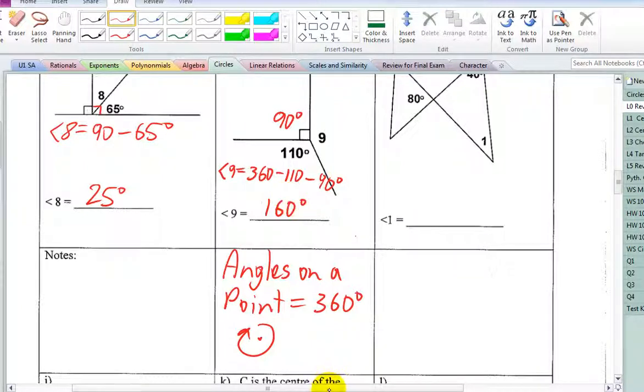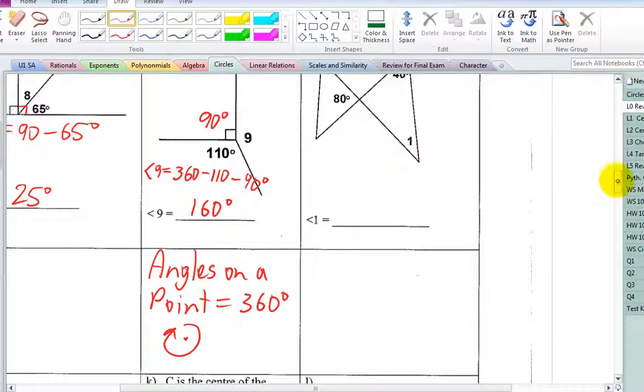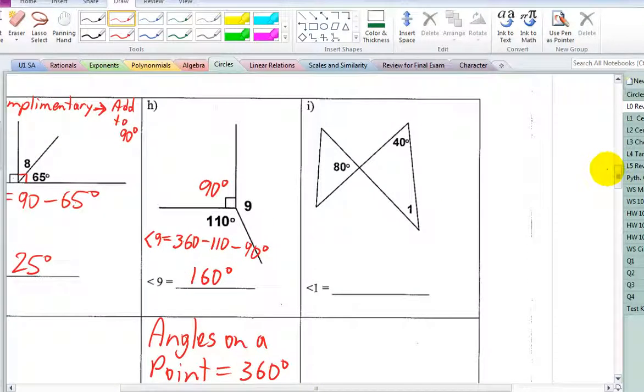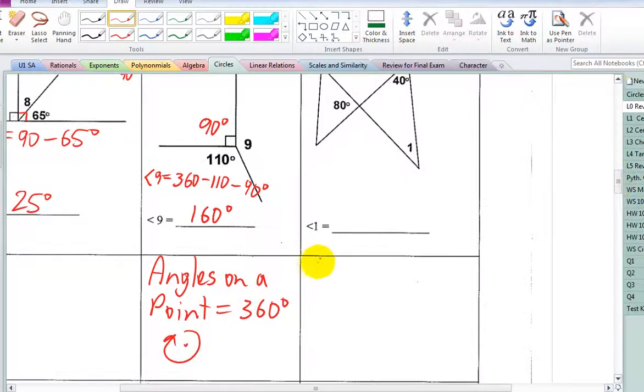Okay, next one. So, this is a special one. We used to call these vertically opposite, but that was just too long for you guys.